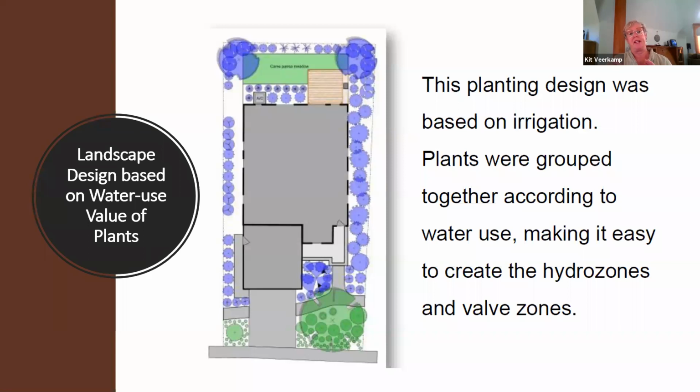Now also, if north was up, you would want to irrigate those on the east side of the house separately from those on the west side of the house. West side's going to get a lot hotter, a lot more sun exposure during the day than the east side. So those are the kind of concepts you want to be thinking about for hydrozoning.